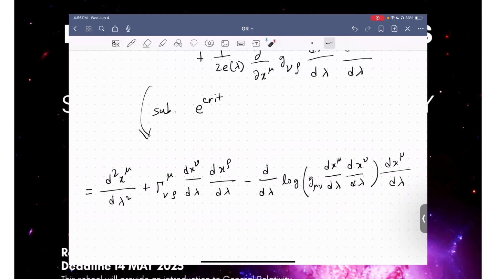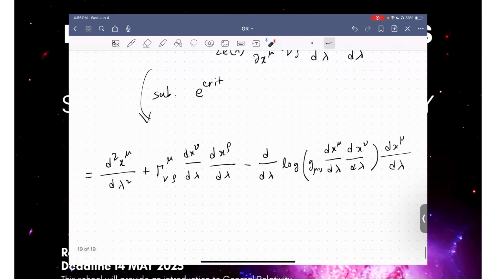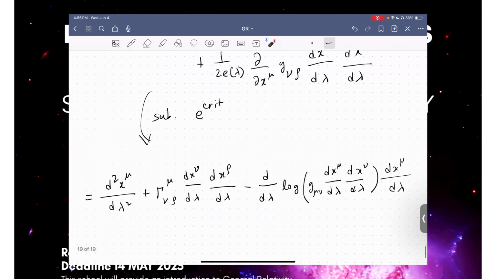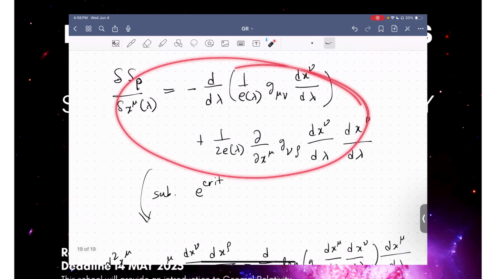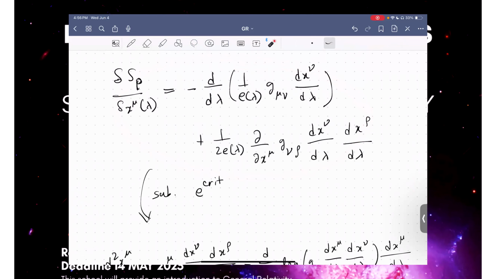Okay, so obviously there are some computational steps here, which I'm skipping. But this is routine computation, like it's just taking functional derivatives. You may wonder, where is this Christoffel symbol coming from? There was no Christoffel symbol anywhere here. But notice that there are derivatives of the metric, right?